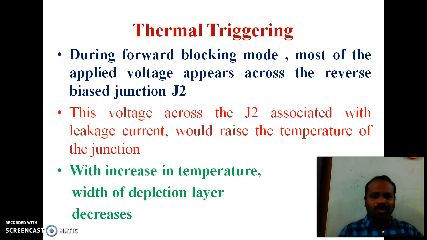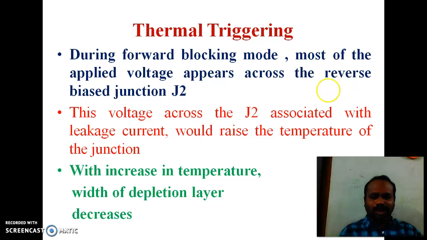The outermost junctions, J1 and J3, are forward biased, but the inner junction J2 is reverse biased. So, this applied voltage will appear across J2 and there will be a small leakage current.